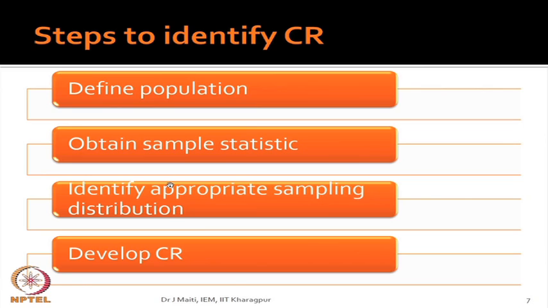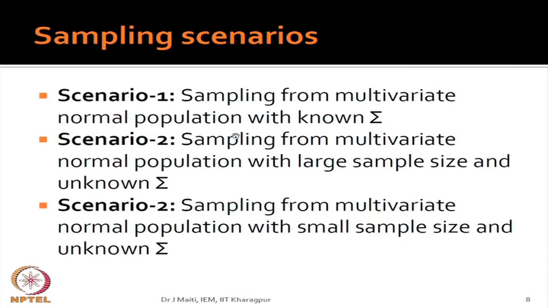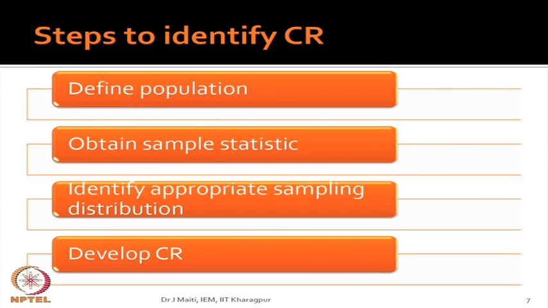If you do not know the sample statistic and the sampling distribution, you cannot develop a confidence interval for the univariate case, or a confidence region for the multivariate case, because you do not have enough information. So: define the population, obtain the sample statistic, identify the appropriate sampling distribution, then develop the CR. Again these are all broad steps, and in each broad step there are sub steps also.